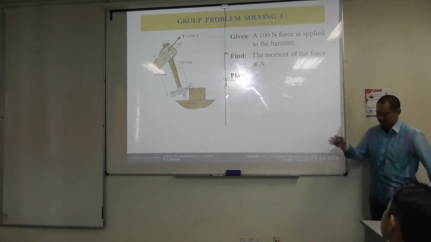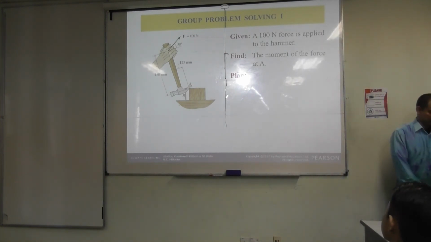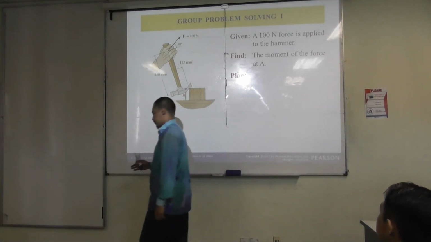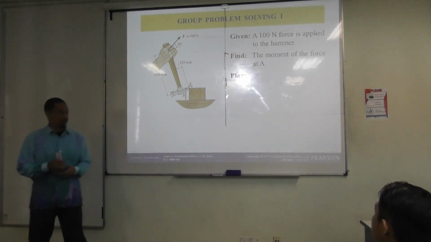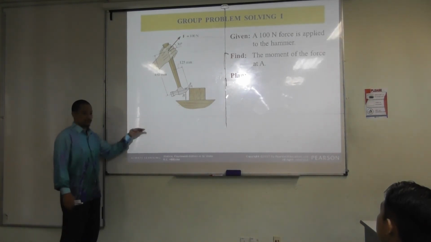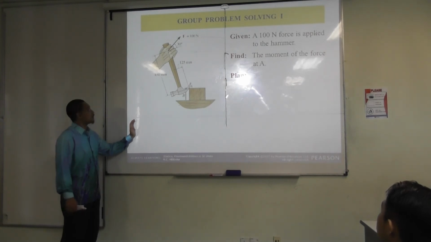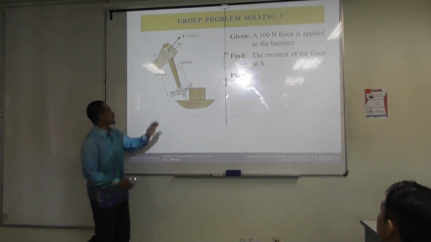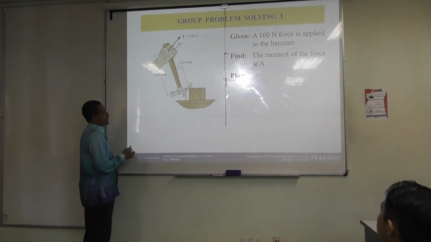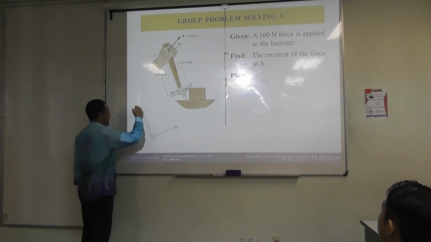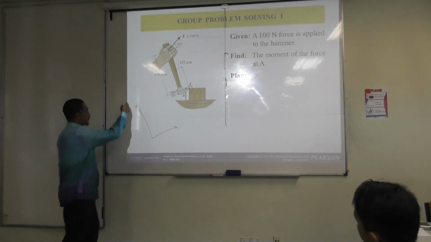Normally, 2D is quite easy to use scalar, right? But it will be more difficult if you resolve in the normal x and y, horizontal and vertical, because all the angles are given corresponding to the other axis. So the easiest way to solve this is to have the axis along that line.